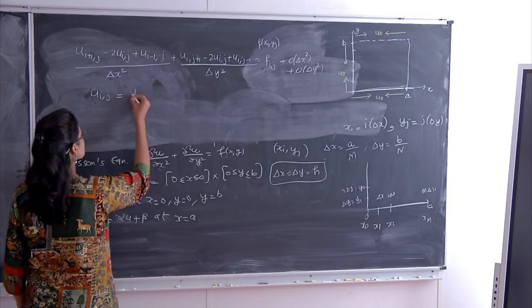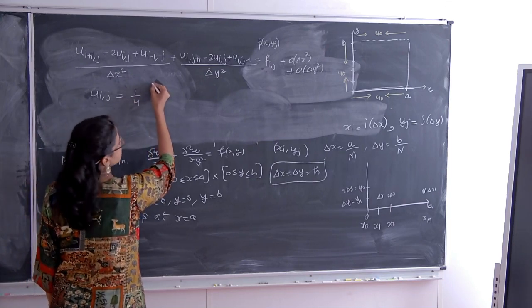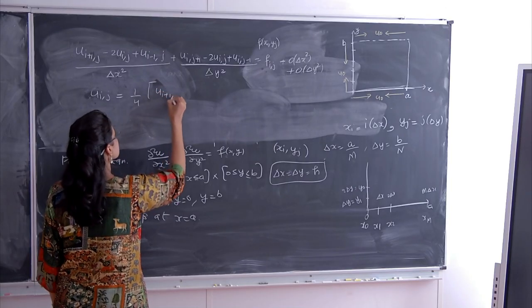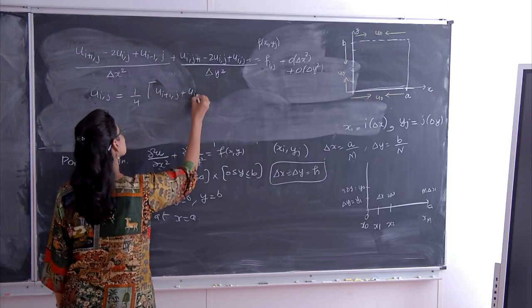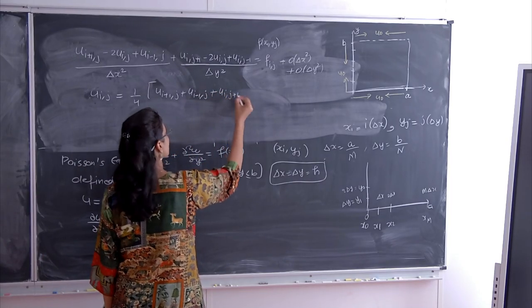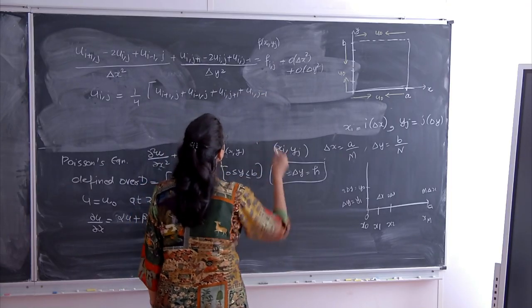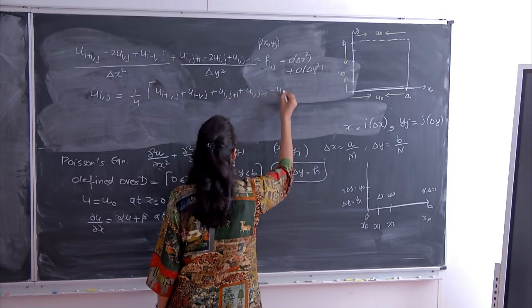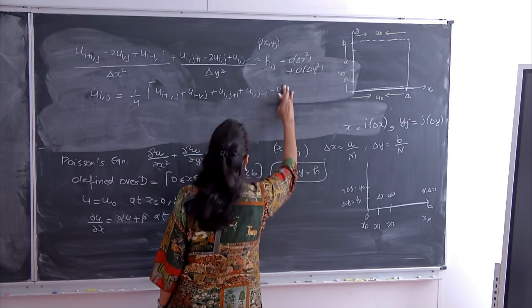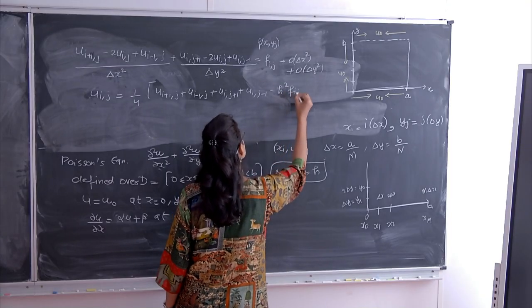So what I get is 1 by 4 times u_{i+1,j} plus u_{i-1,j} plus u_{i,j+1} plus u_{i,j-1}, minus h square times f_{ij}.